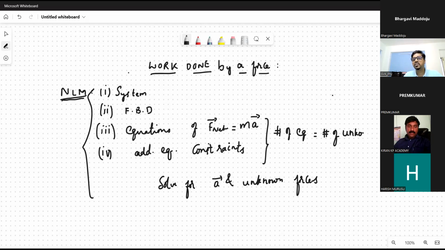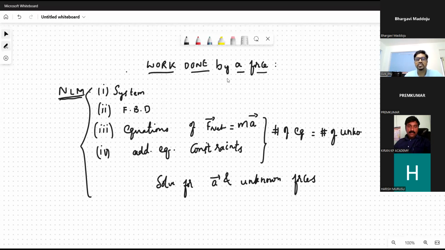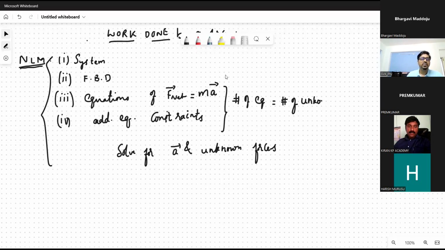Theoretically speaking, every problem in mechanics can be solved using this method. If it is solvable, then you have this method. There is nothing great about it. Simply, boringly, you follow this procedure over and over again, and then you'll be able to solve for accelerations and unknown forces.